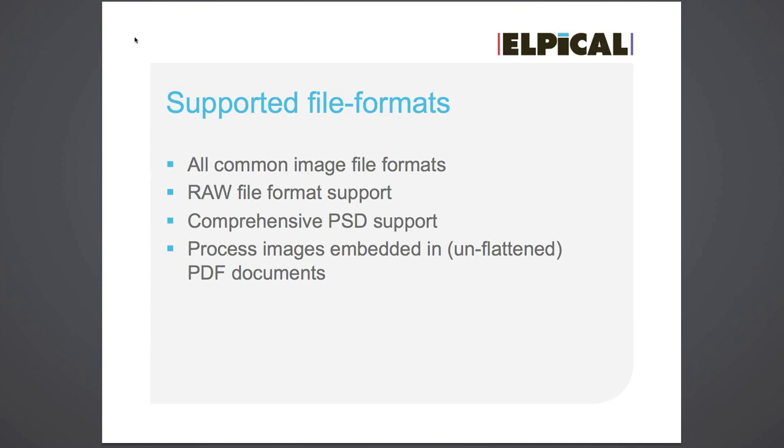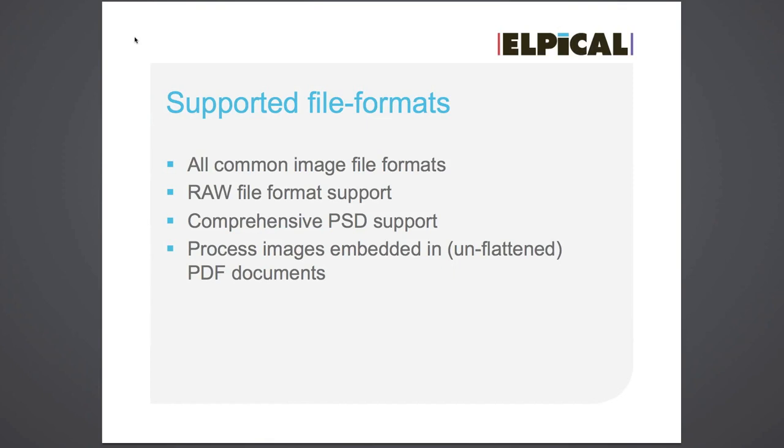Transparency flattening and flattening in general, specifically if text and transparency is used on top of images, will actually chop up the images into different individual images, which obviously will not work when it comes to image enhancement, because those chopped up images will all be processed individually.